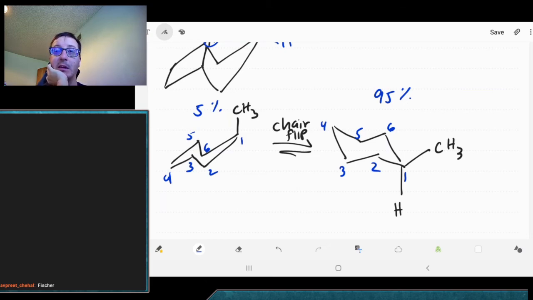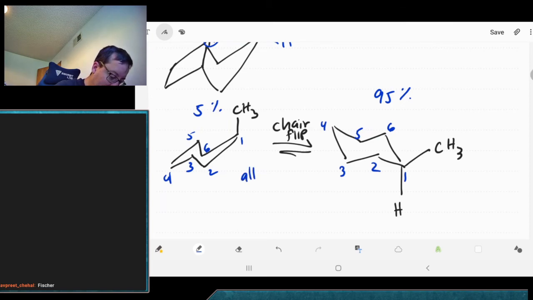So chair flipping happens all the time. When you flip your chair, you make everything axial into equatorial and everything equatorial into axial. Everything that's pointing up still points up. Everything that's pointing down still points down. So we're just rotating things, kind of.